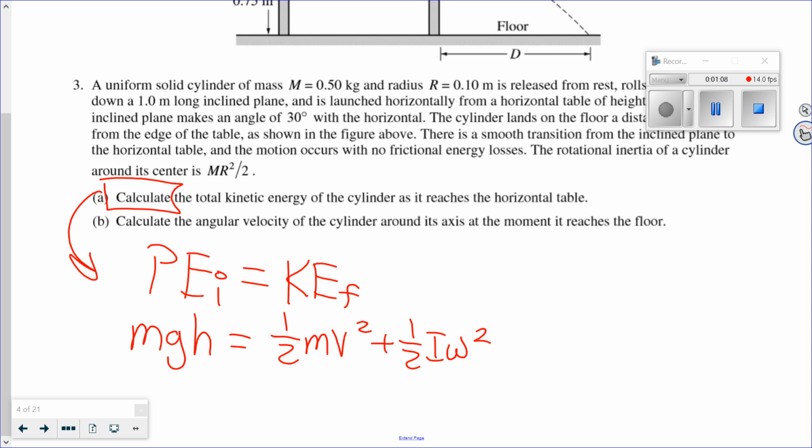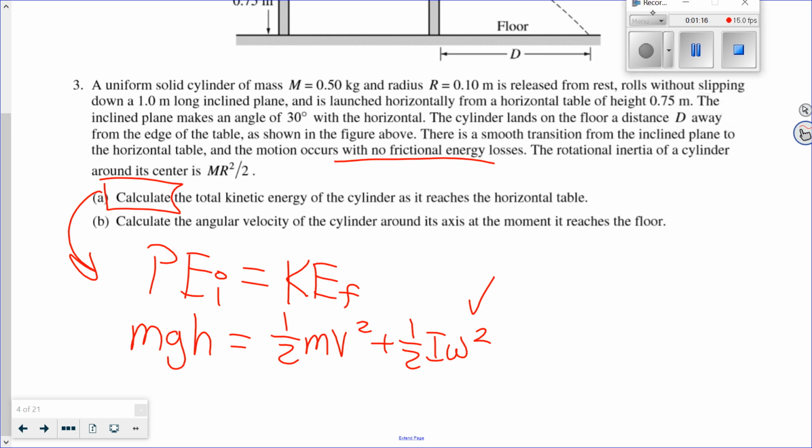Incline plane, cylinder. No friction energy loss, so energy is conserved. Makes a smooth transition. And it rolls without slipping. Okay. I hid it behind my little card there. But it says calculate.